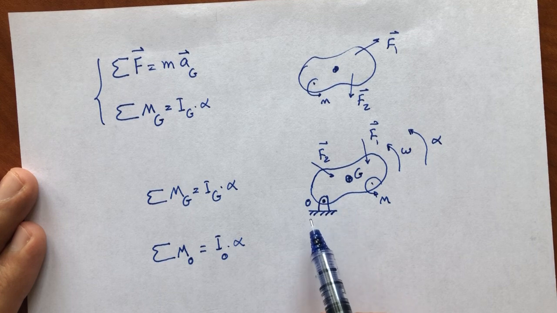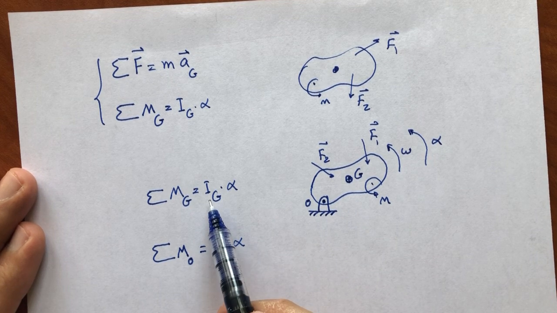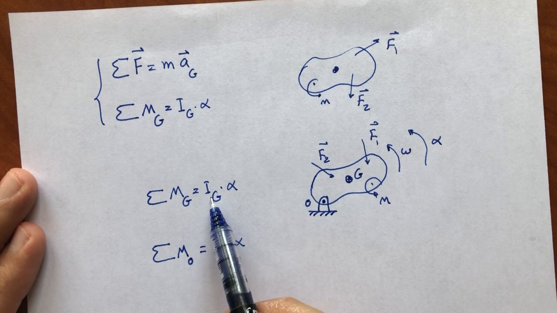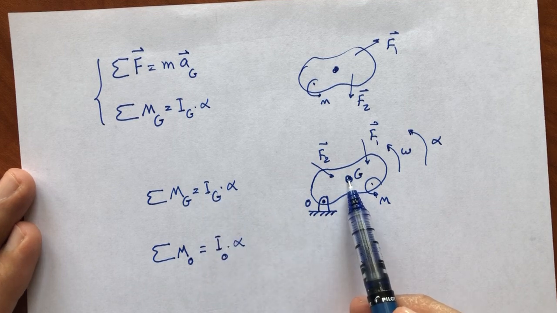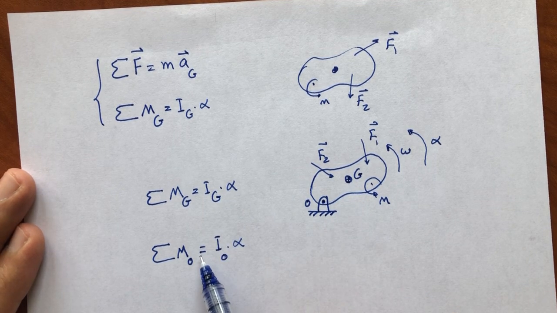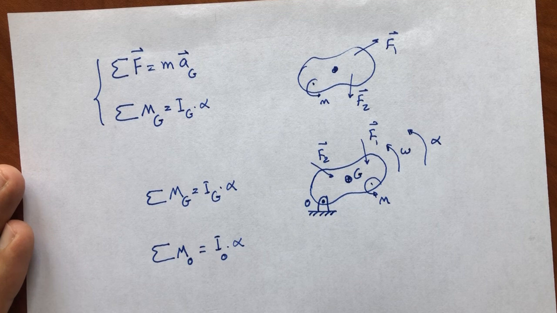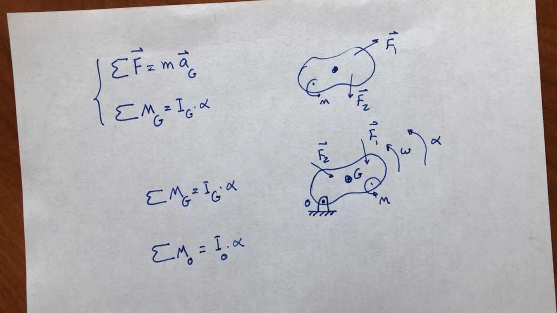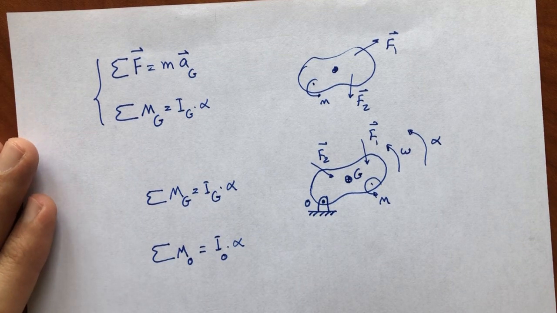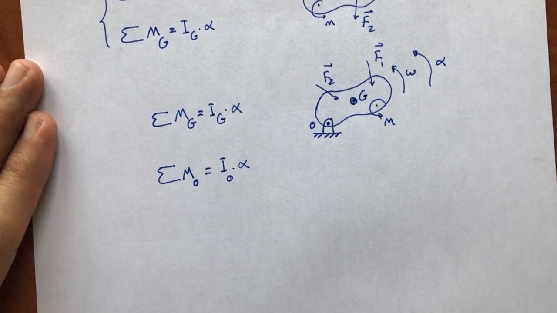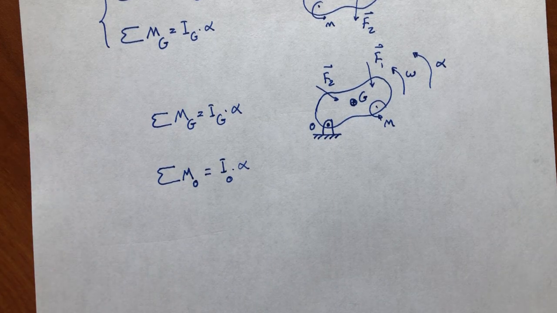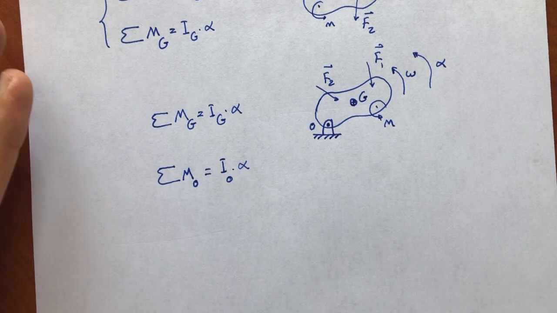So I don't need to worry about these two reaction forces. But the difference between these two is that in this one, we are using Ig, mass moment of inertia about G, but in this one, we must use mass moment of inertia about point O. I'm gonna use this to solve a bunch of problems later and show them in different videos for you. But before doing that, let me complete this with another one.